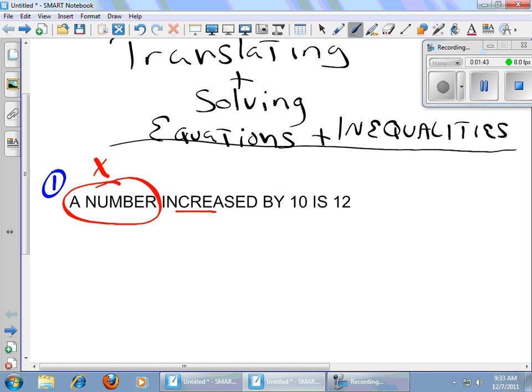Increased. To increase would be to add. How much are we going to increase it? We're going to increase it by 10. Is means equals. How much is going to equal? It's going to equal 12. So I need a number, X or N. I need to increase it by 10. That has to equal 12. And look at that, I have a one-step equation.